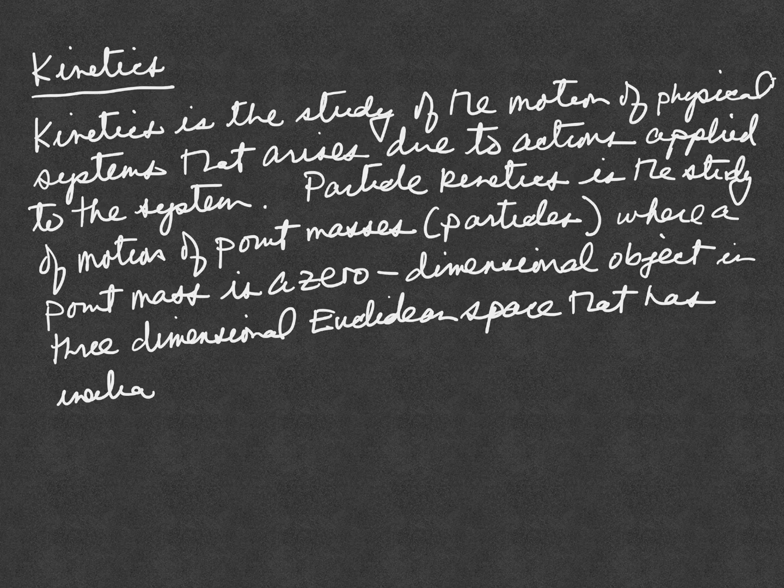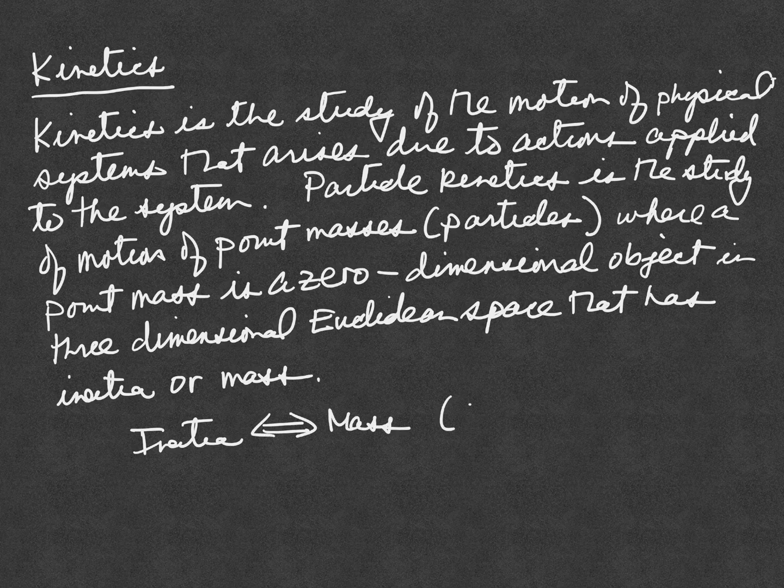Now, when we use the term inertia or mass, we mean the same thing in this case because we're dealing with a particle. So a particle is one that has both inertia and mass. They're equivalent statements. So when we say inertia for a particle, that's the same thing as saying mass, and that's for a particle or point mass.